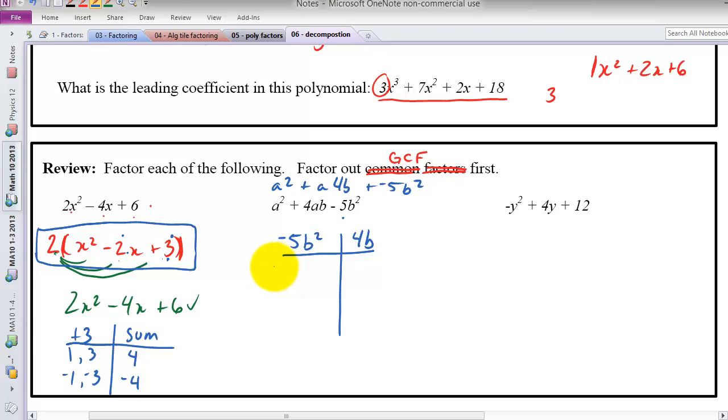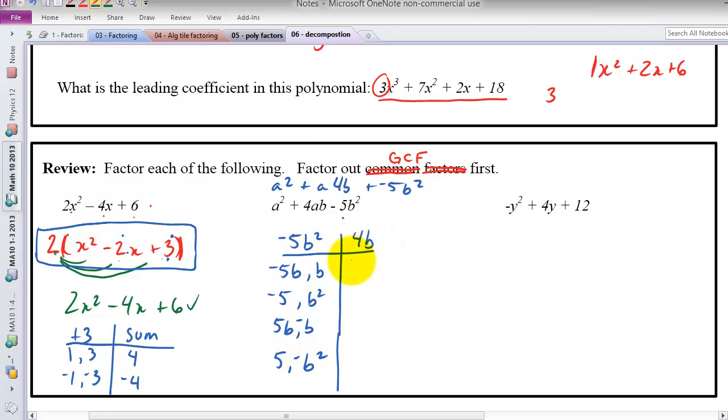So we could have negative 5b times b, or negative 5 times b squared, or 5b times negative b, or 5 times negative b squared.